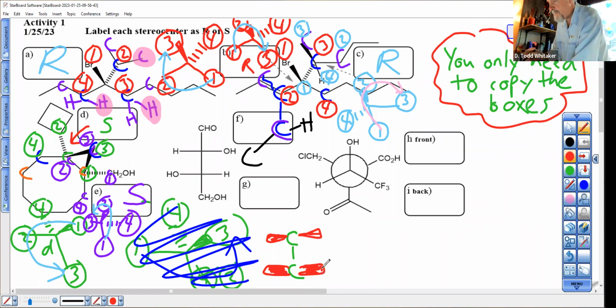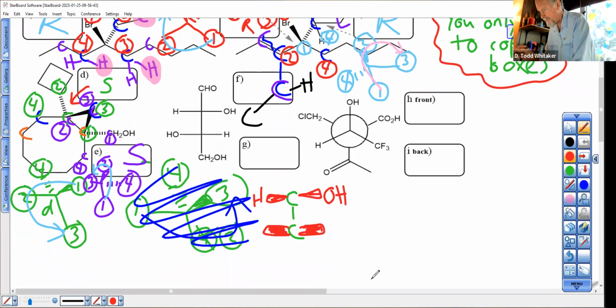Wow. And that's an OH over here and an H here. And what do we got? An OH on the left here, H here. And vertical bonds are dashes. This was a dash. This is also a dash.